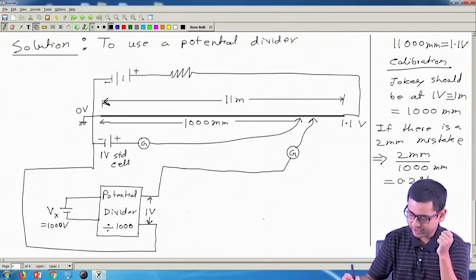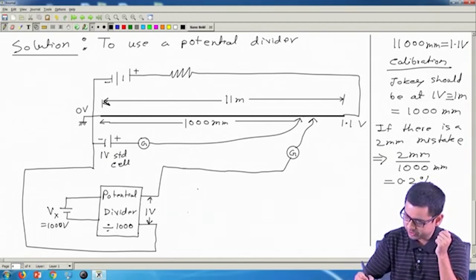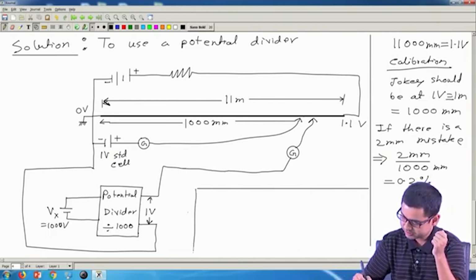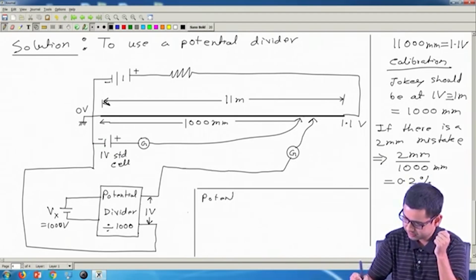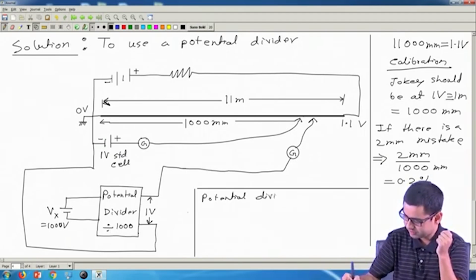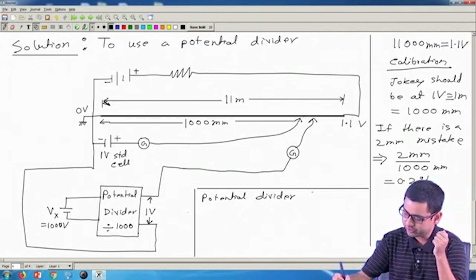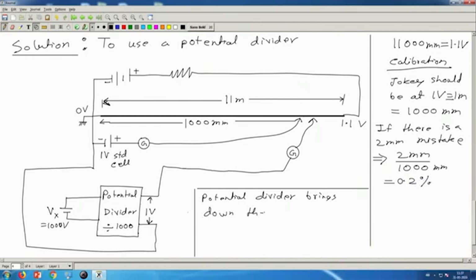And let me recap what a potential divider is. A potential divider brings down the input voltage to a lower value, by some precise factor. It has to be precise.